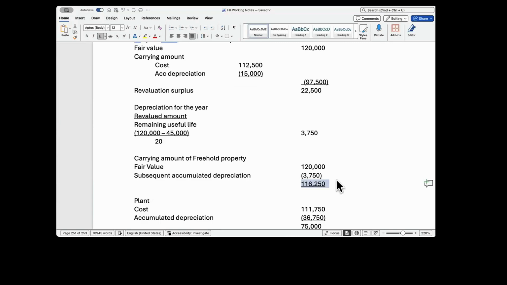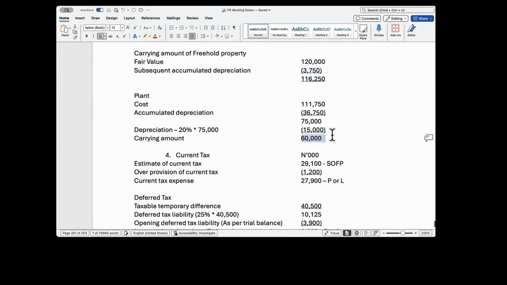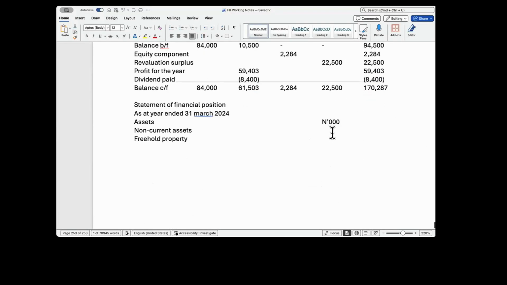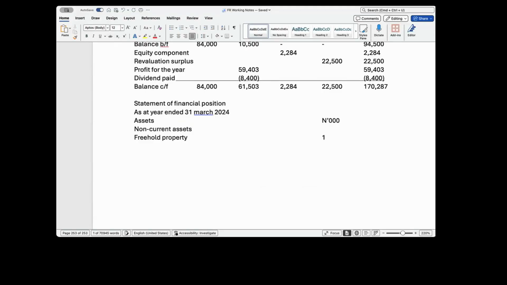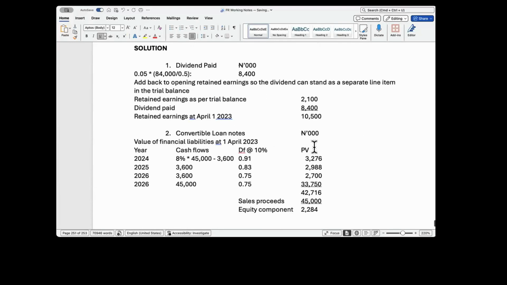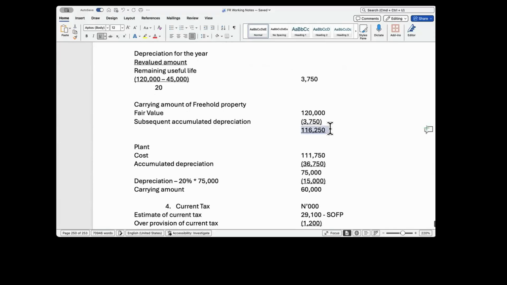I got it as 56,250, and my plant was 60,000. So what's the addition of these two? 116,250.